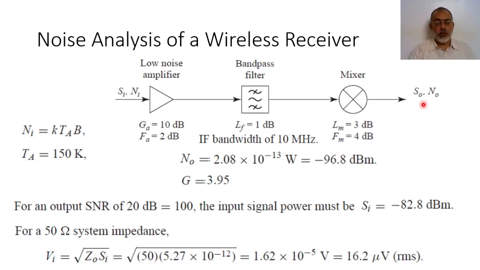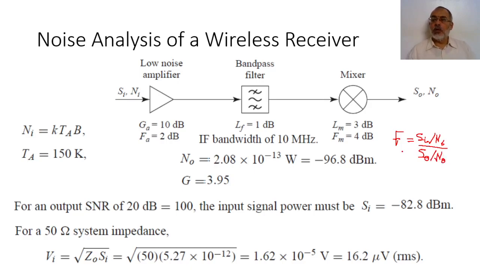As we said before, the noise figure is defined as F equals the signal input to the noise input over the signal output over the noise output.